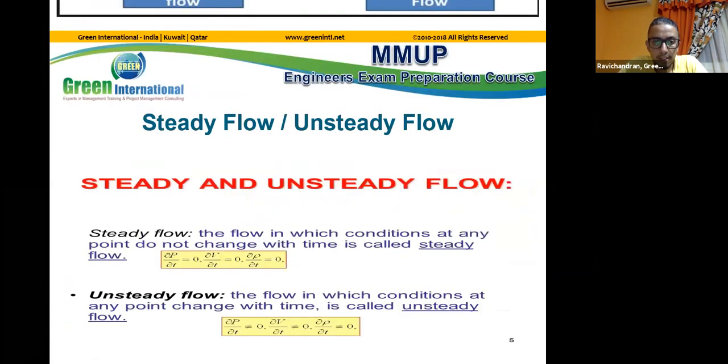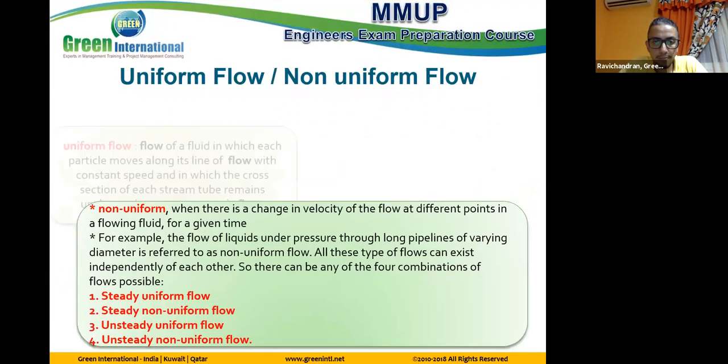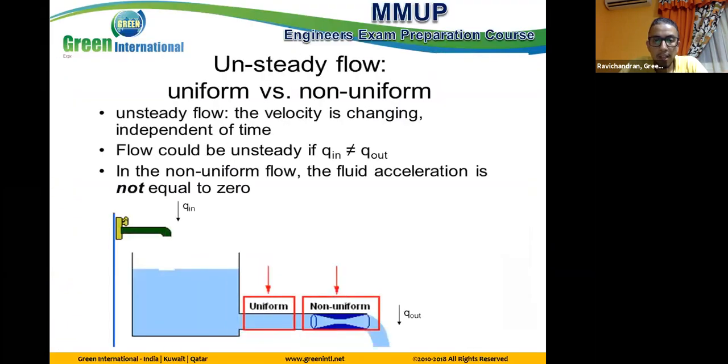Here is steady and unsteady, which was discussed already. Uniform, non-uniform. This one is a special case. You can tell if the flow is steady or unsteady directly, without extra information. Especially for a case like this cylinder or tank, which has an orifice at the end.